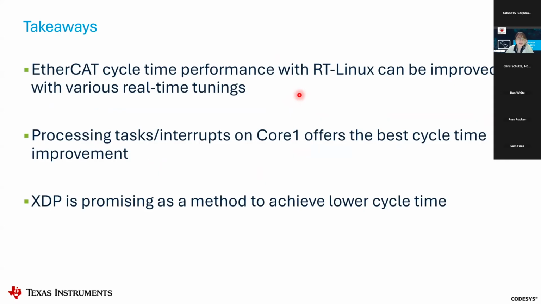And it seems to be the case that processing tasks and interrupts, for example the CODESYS Control tasks and the RX interrupts for EtherCAT traffic, on core 1, the core that's actually running the structured text logic, seems to offer the best cycle time improvement. And lastly, XDP, specifically XDP zero copy, in theory seems promising as a method to achieve even better cycle time performance, but this has yet to be tested.